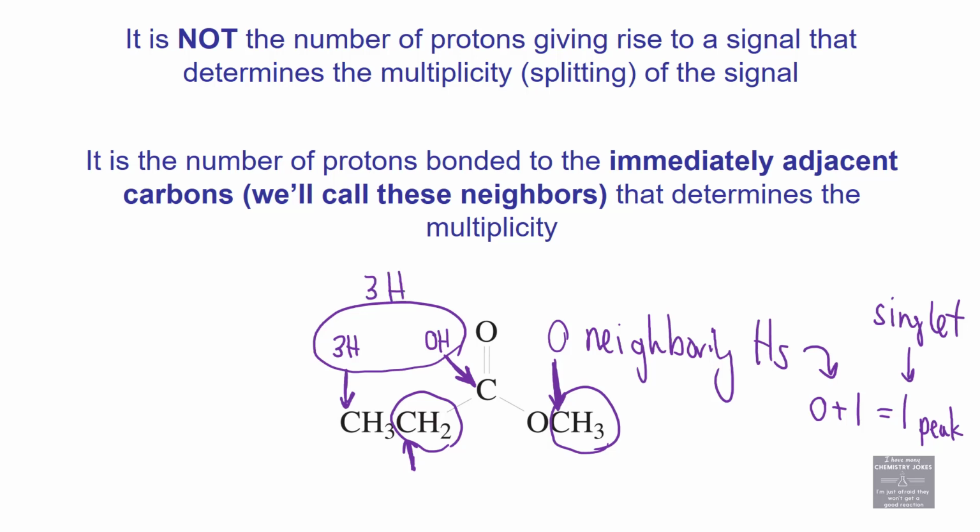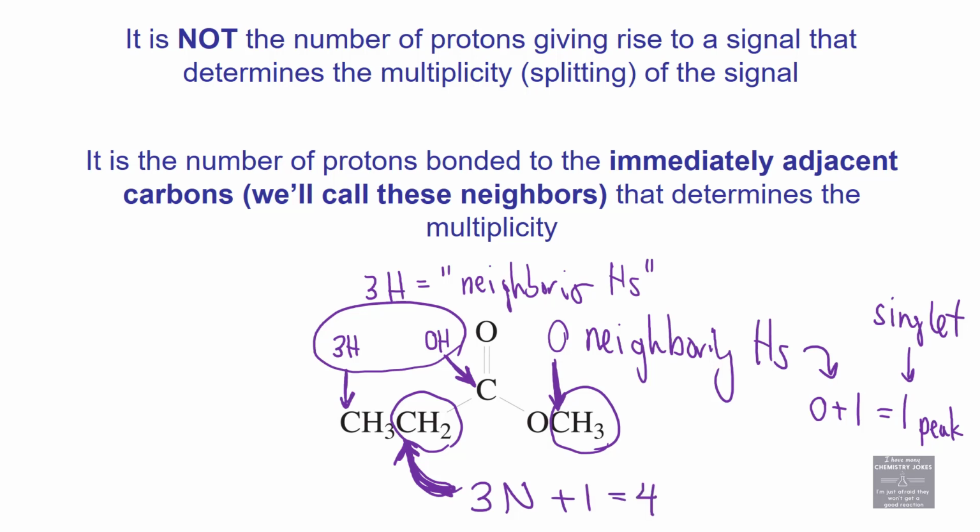So if I sum together those things, I have 3 hydrogens that we will call neighboring hydrogens. Who are they neighboring? They're neighboring this one that's circled that I was talking about from the get-go. So 3 neighboring plus 1, because the rule is n plus 1, equals 4. That means 4 peaks. 4 peaks we will call a quartet.